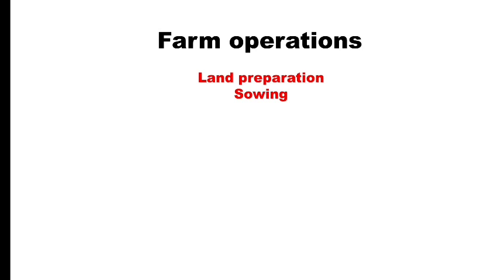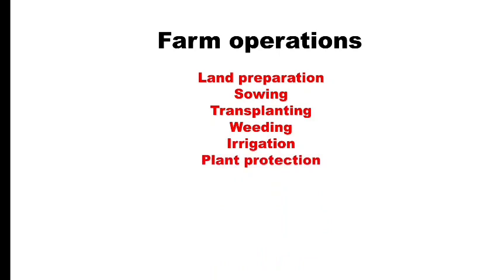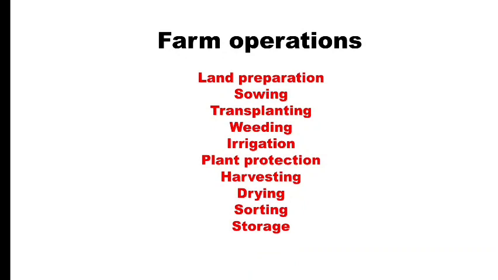Then we continue with sowing, then transplanting, then weeding, irrigation, plant protection, harvesting, drying, sorting and storage. So all these sequential operations are carried out on the farm, which we have to look after as an agriculture engineer.